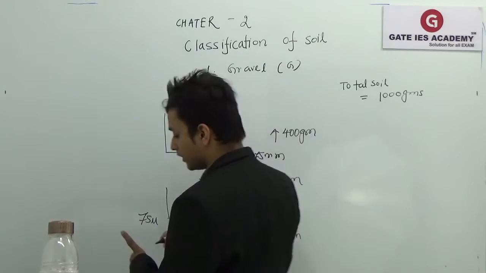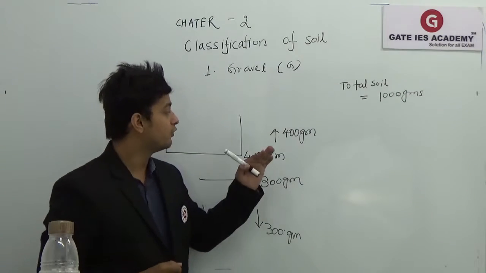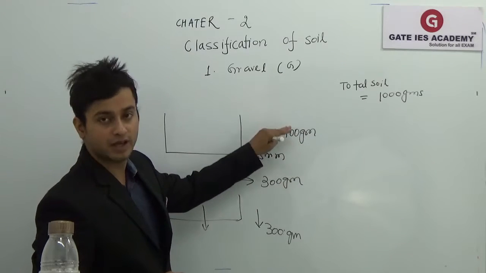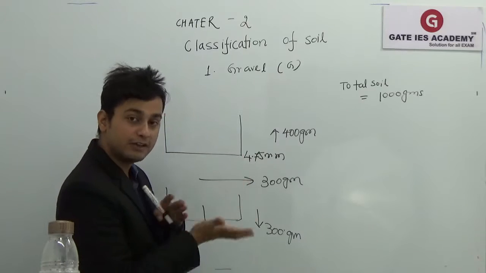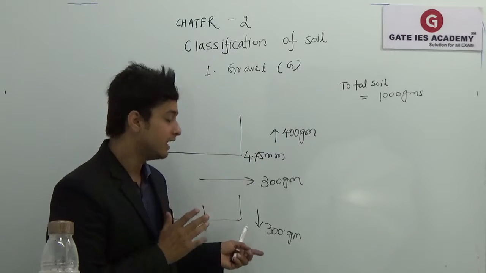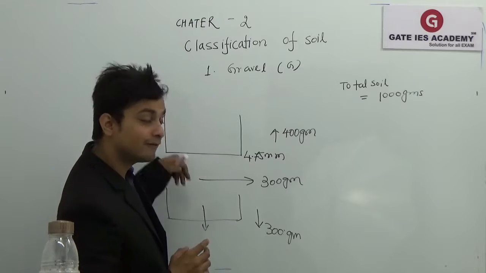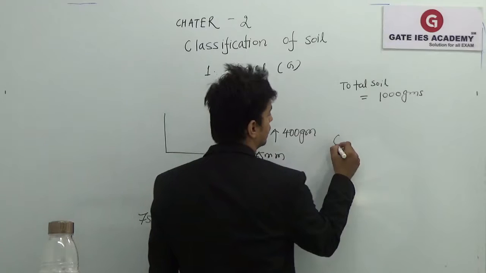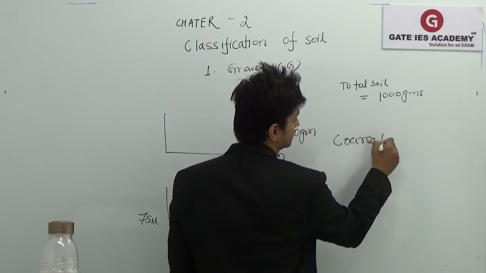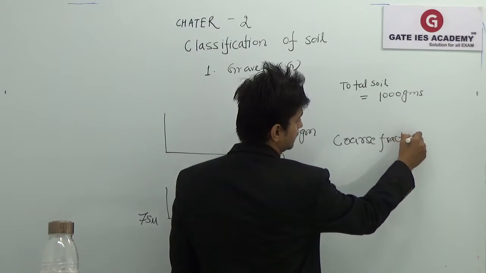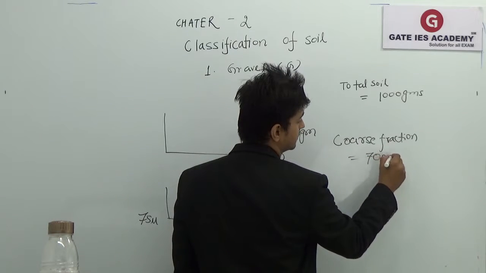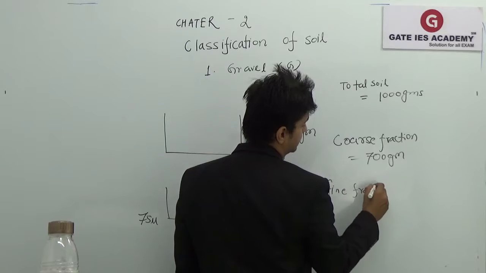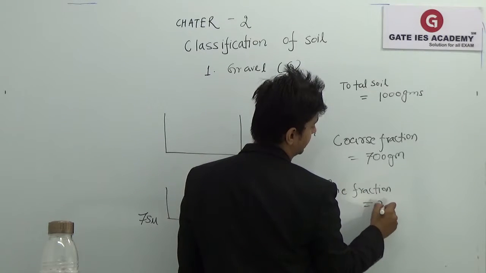Out of 1000 grams, 400 grams are retained on the 4.75 mm sieve, 300 grams are lying between 4.75 mm and 75 micron, and 300 grams is passing the 75 micron sieve. That means I can say that the coarse fraction is equal to 700 grams and fine fraction is equal to 300 grams.